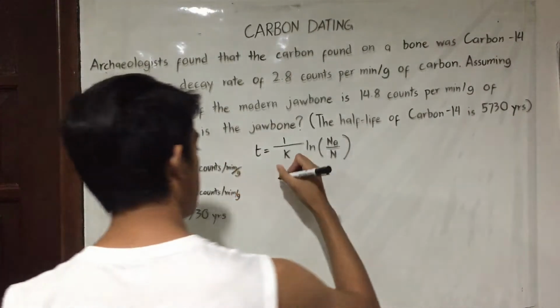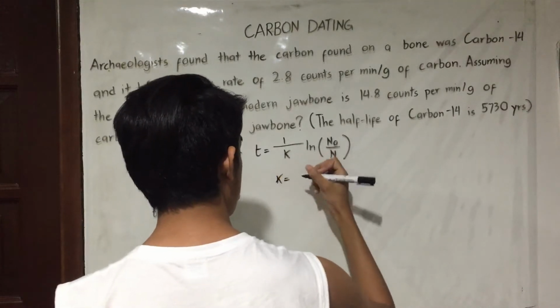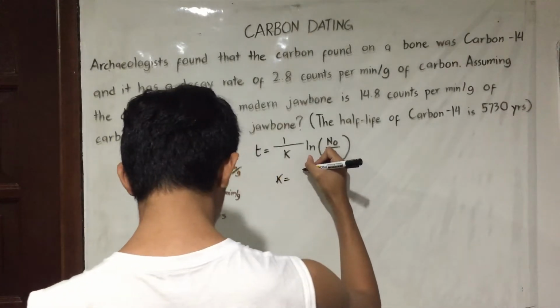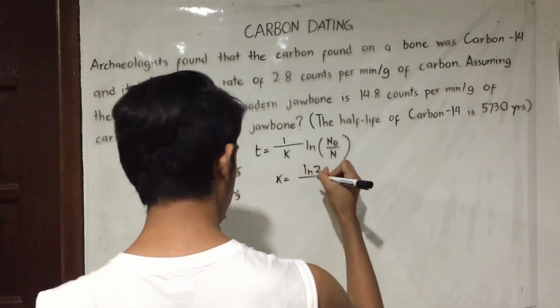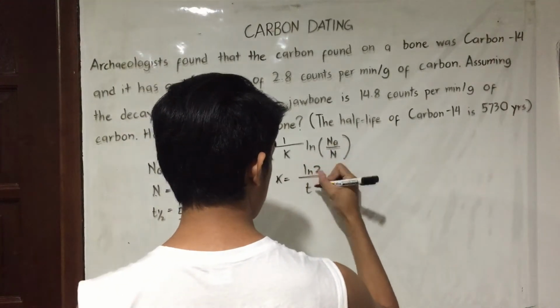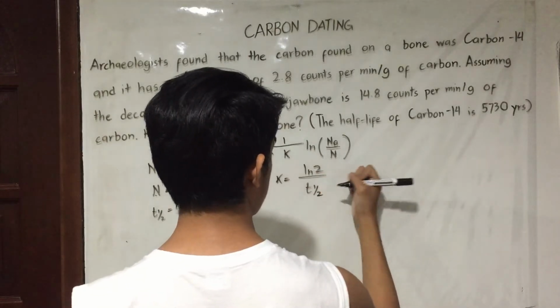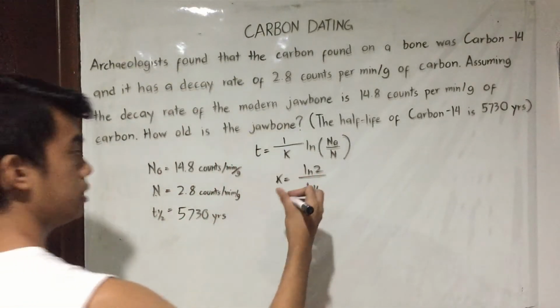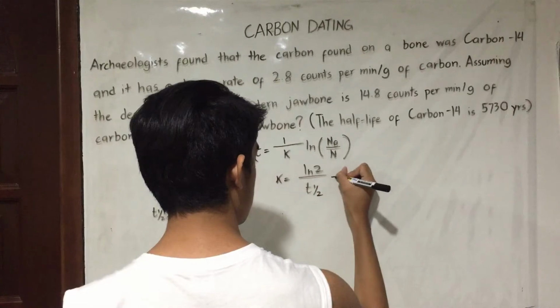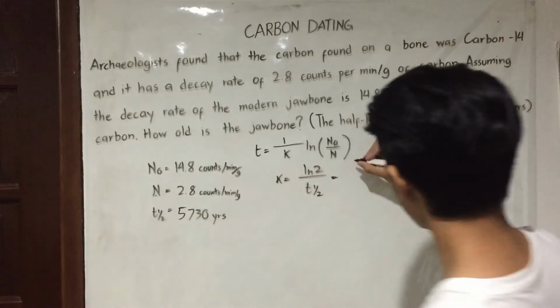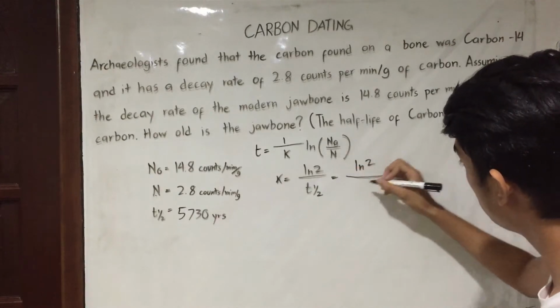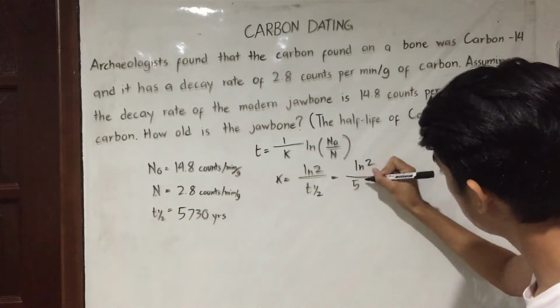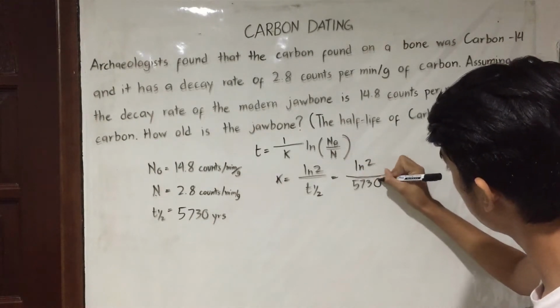So solving for the decay constant, k is equal to ln 2 over the half-life of carbon-14, which is equal to ln 2 over 5,730.